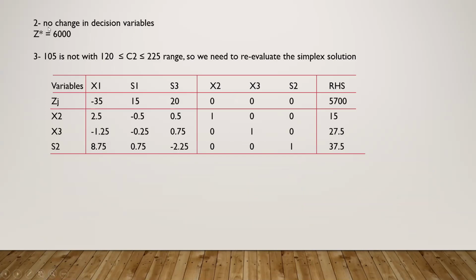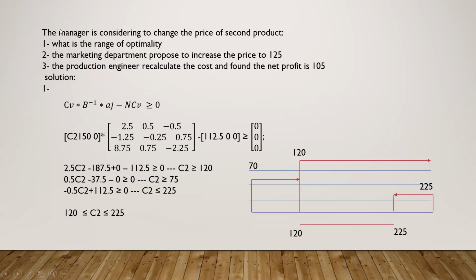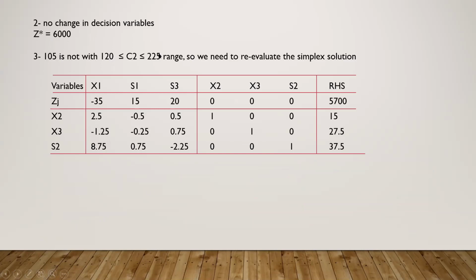In case of having 125, 125 lies within the range of optimality over here. So no change. You just need to recalculate Z as I mentioned. So Z in this case will be equal to 6,000.